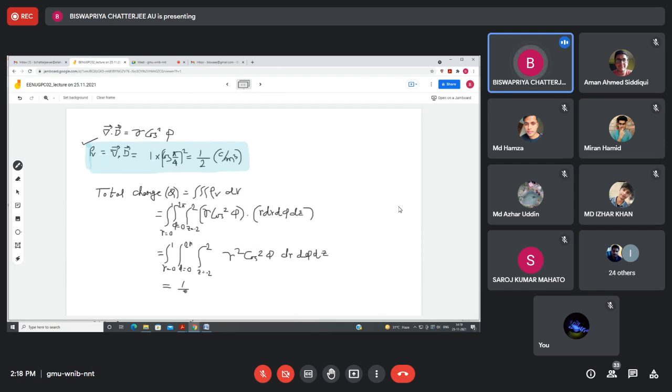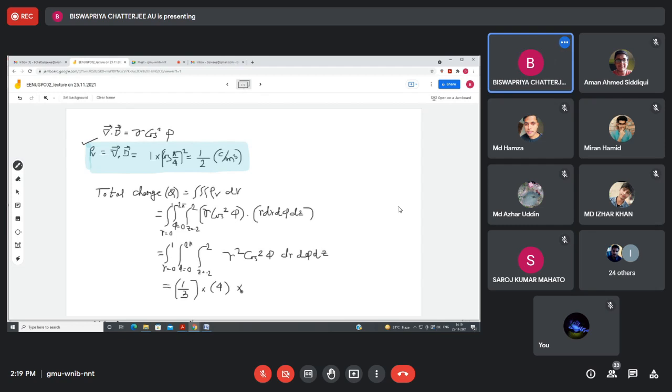If you integrate dz, it will be z, so 2 minus of -2, which is 4.